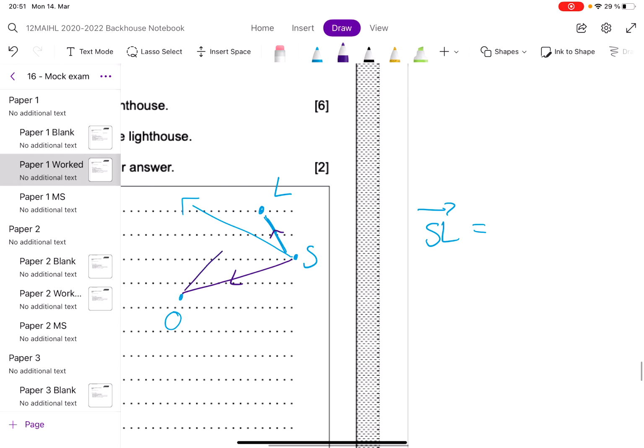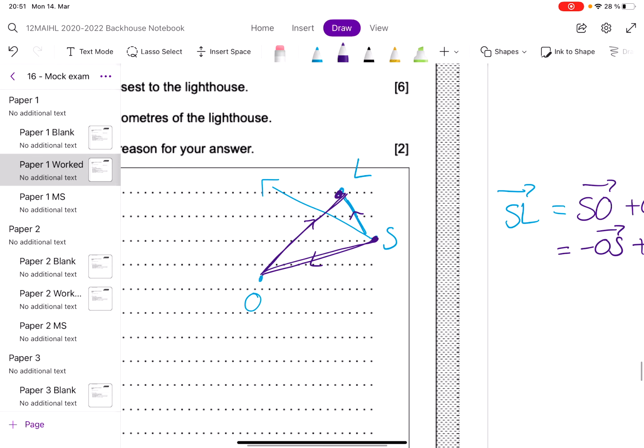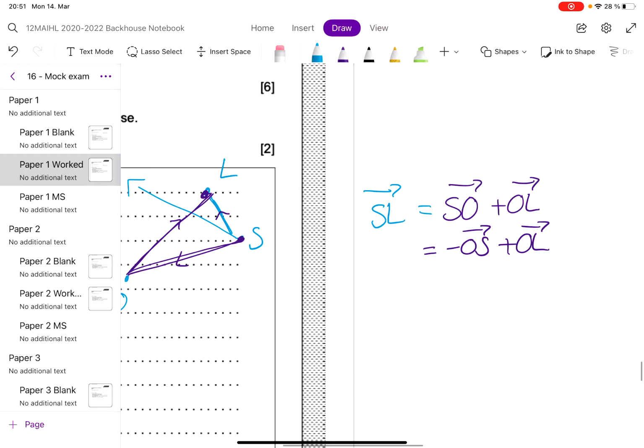And then I need to go from O to L. So if I start at S, go to O, then back to L, I've made it from S to L. Okay, so we want to go SO plus OL. I don't want SO because I've got OS, so I'm going to do the negative of OS. Okay, and then that will give me this vector from S to L.